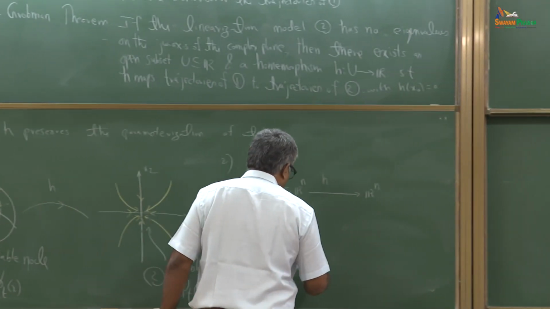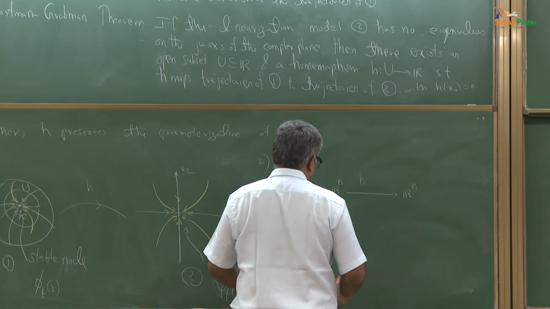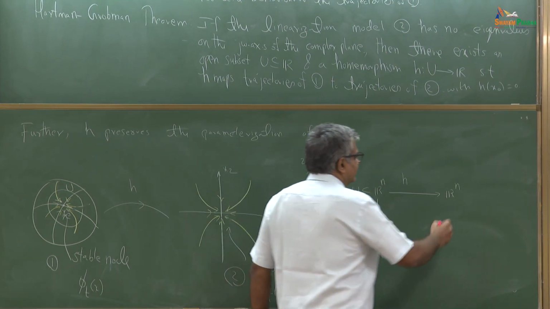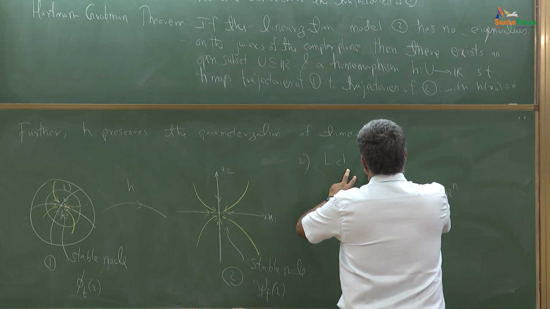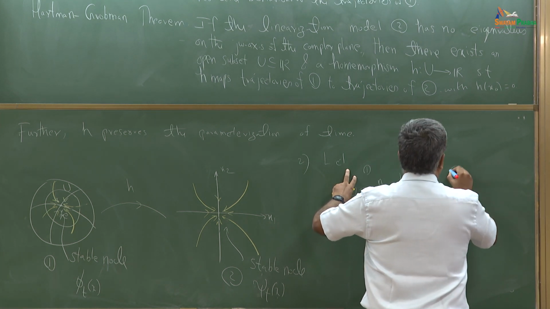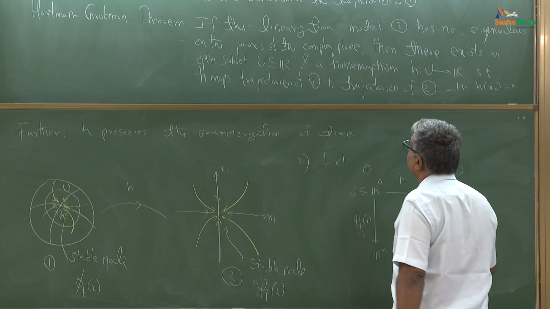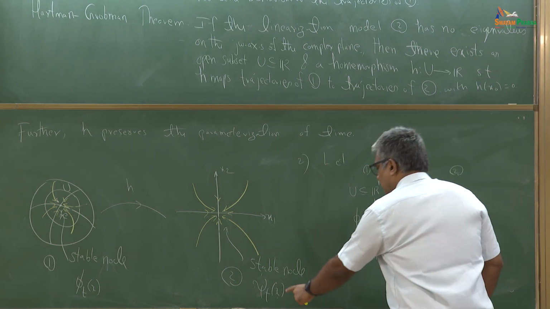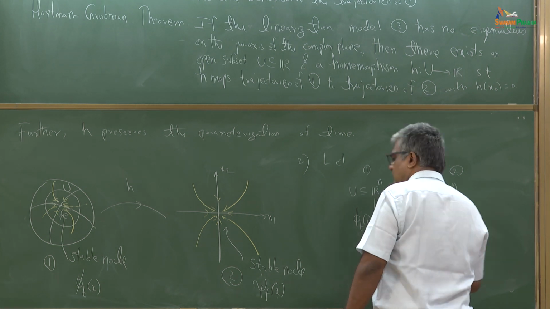So maybe it is some open set of Rn. Okay, I'll just write it here Rn. Right? This is for the linear system. So this is the non-linear system. So I'll just write 1 here, 2 here. This is a non-linear system, this is linear. How do you go in the linear setting from one point to another point? Through this flow, right?